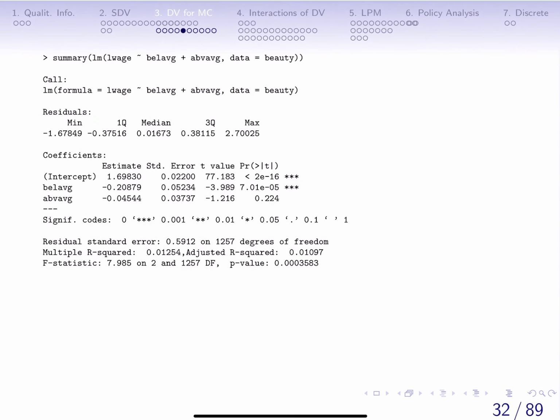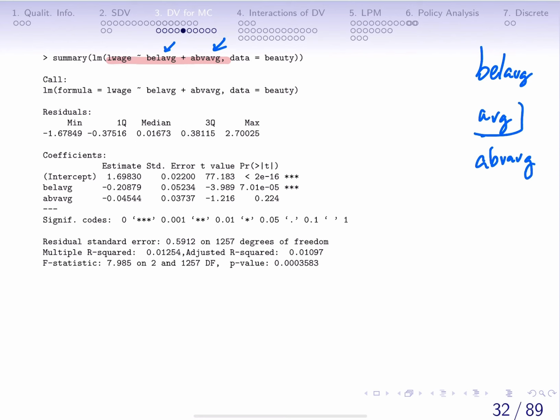We can now regress log wages not on looks, but on below average and above average, because these are dummy variables that we have created based on the categories that we thought of. There are 3 categories, which are below average, average, and above average.